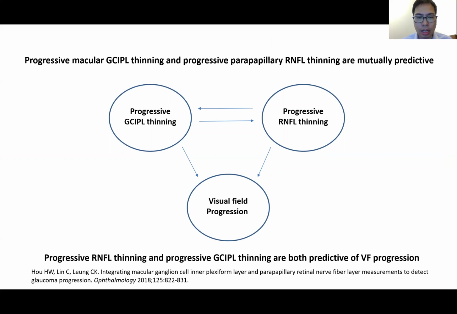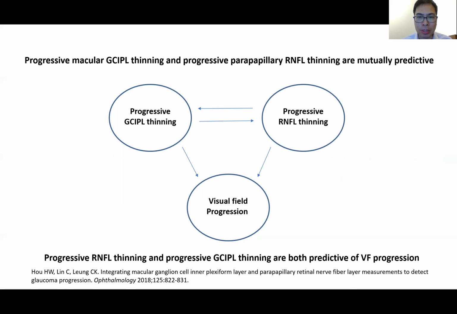In this study, we demonstrate both the retinal nerve fiber layer change and the GCIPL change, they are mutually predictive to each other, and they are both predictive of future loss of the visual field. This is important because we provide IOP lowering treatment because we want to reduce the risk of visual field loss.